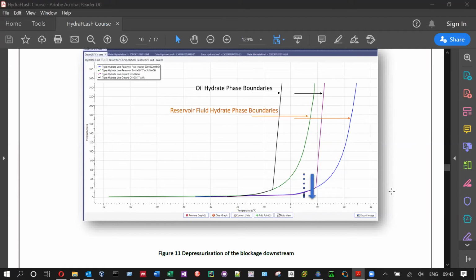The software doesn't tell you what would be the composition of the methanol through that section of the pipeline. You just need to enter that composition yourself.